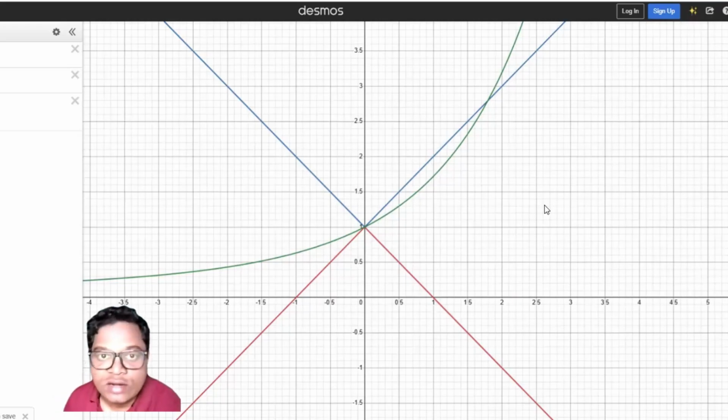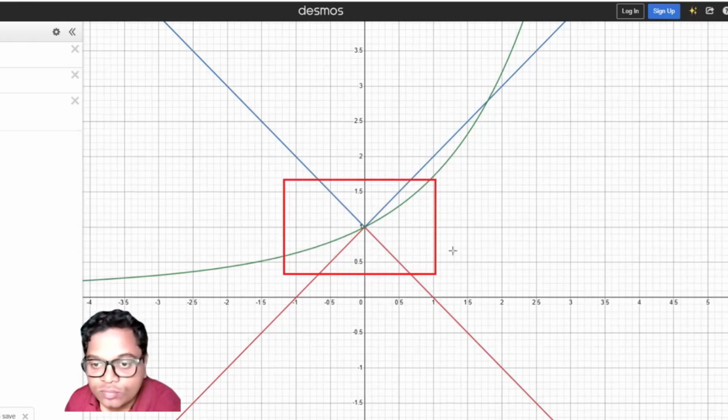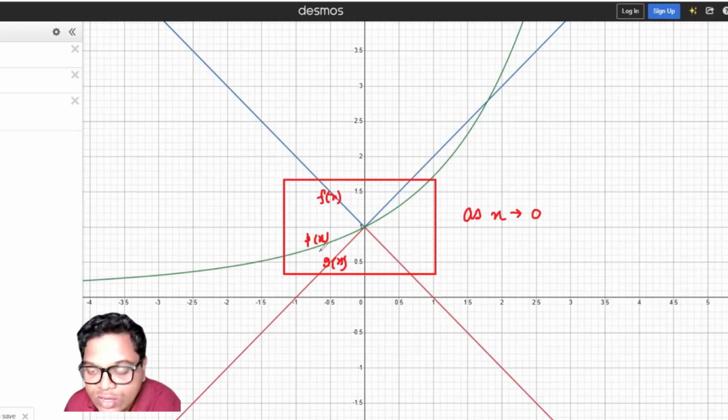Now, if I use the sandwich theorem, we are going to talk about this area. So what in this area? As x approaches 0. So you can see that if this is f of x, this is g of x, and this is p of x. So they are in the order.